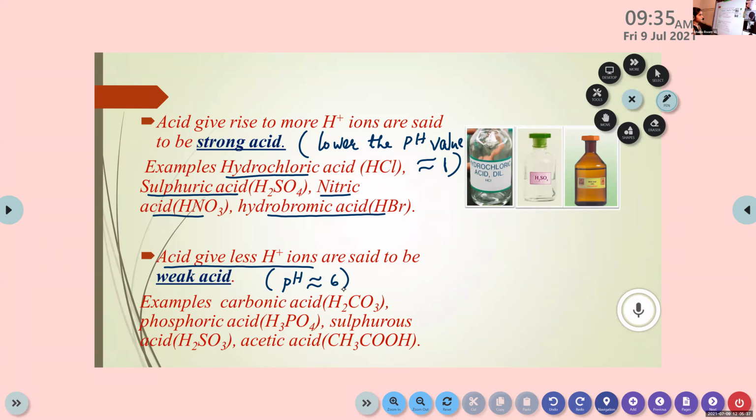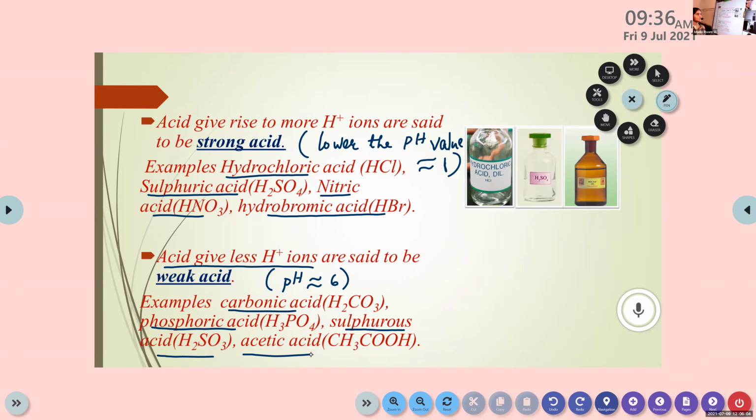Examples: carbonic acid, H2CO3, phosphoric acid, H3PO4, sulfurous acid, H2SO3. It's not sulfuric acid, this is sulfurous acid. Then the last one, acetic acid, CH3COOH, that is present in vinegar.